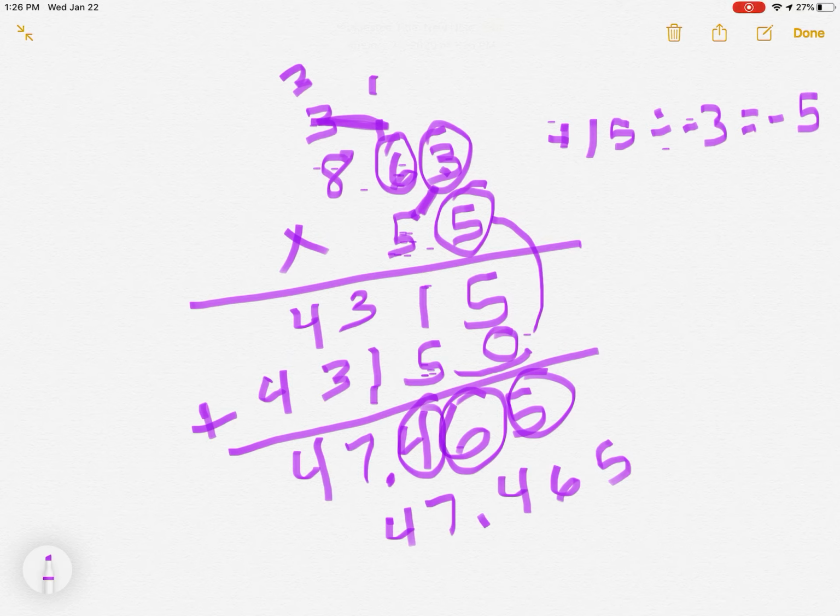And then how about minus 63 divided by minus 7 is equal to plus 9. Okay, negative divided by a negative gives you a positive.